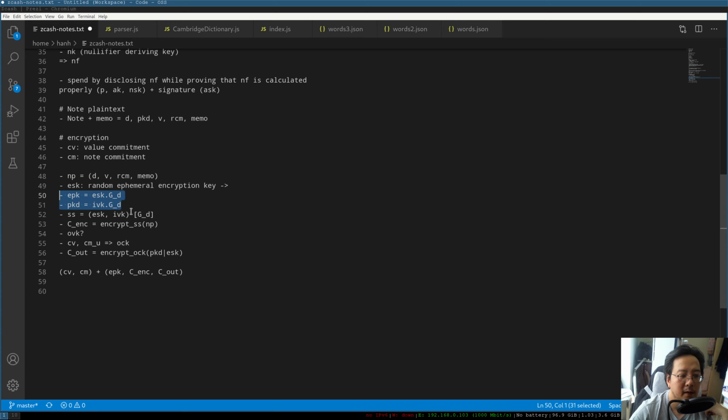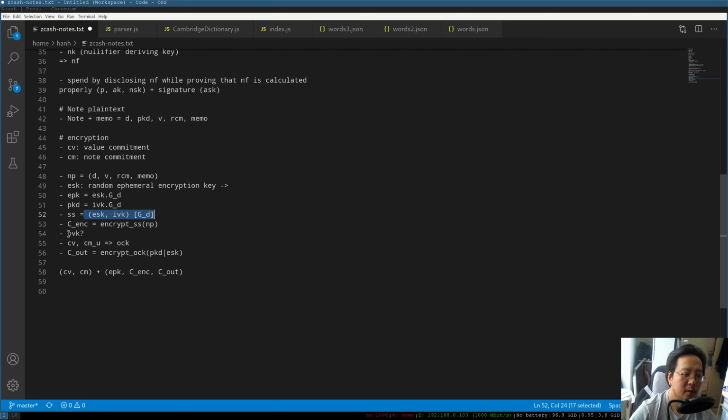By the fact that you have this relation, you can derive a shared secret, which is basically the multiplication of the public point with the opposite secret key. So either you do EPK times IVK, or you do ESK times PKD. In both cases, you will have the same result. This is going to be your agreed secret that you can use to encrypt.